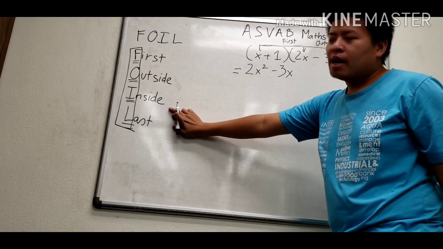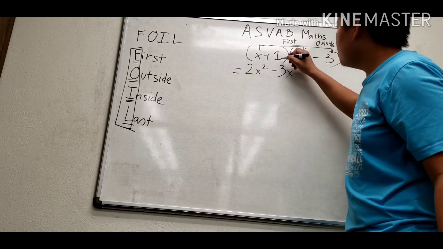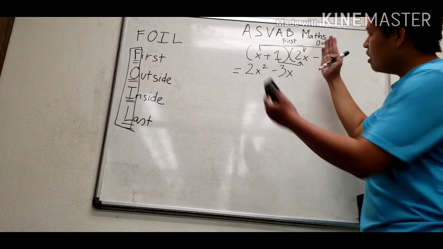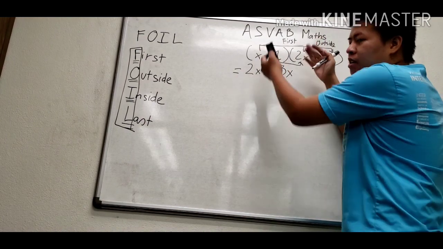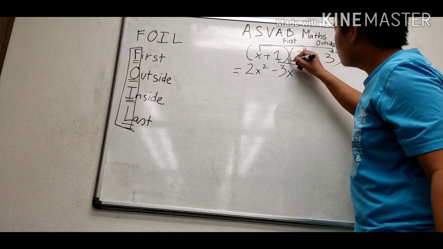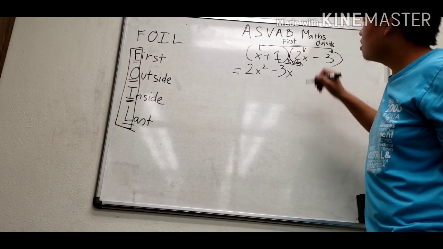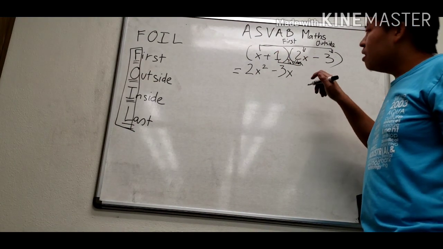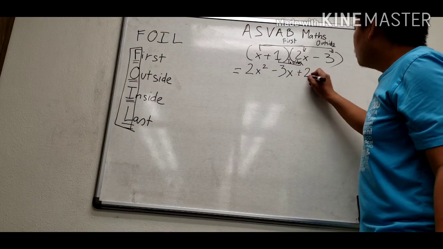The next one is about inside. Inside it means the 2 numbers inside in here. They are close together. They will call inside. So we have 1 multiplied with 2s is about 2s.